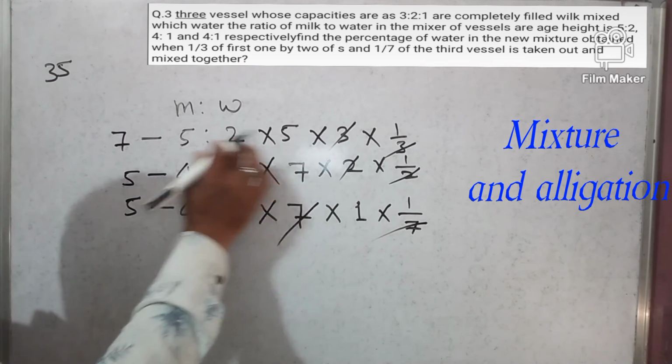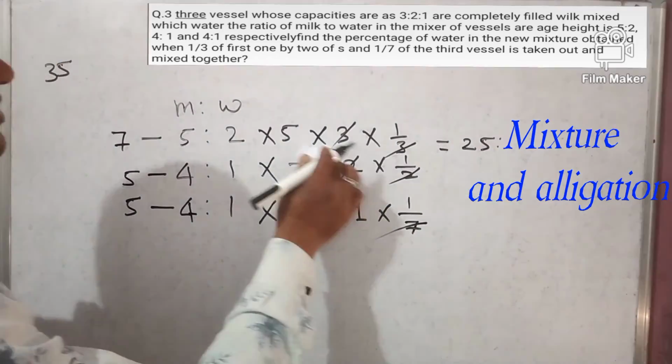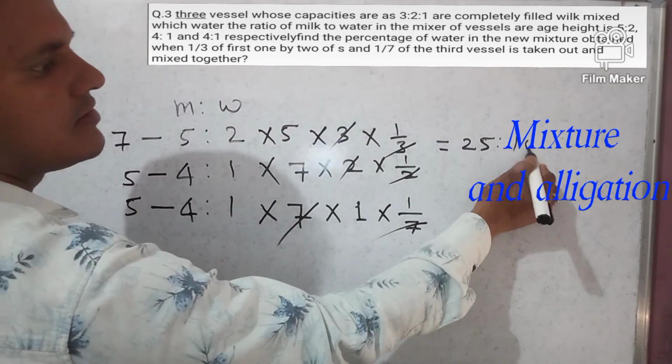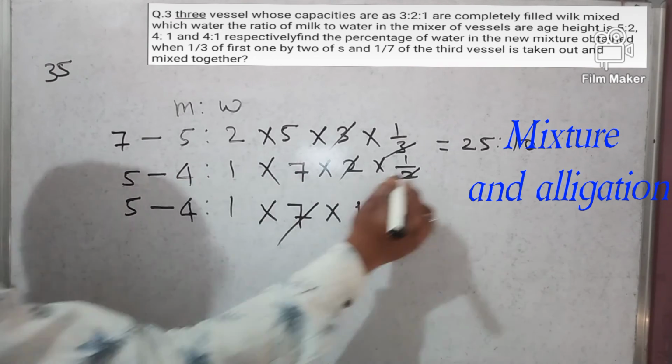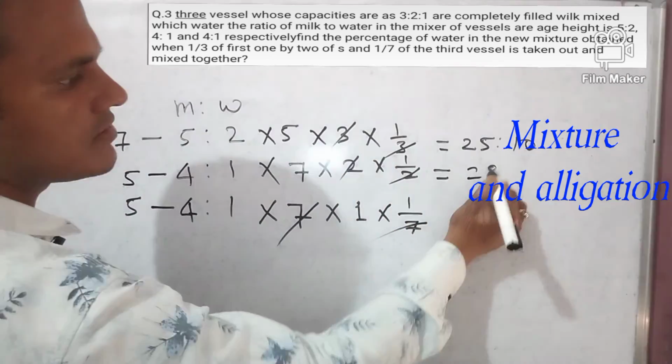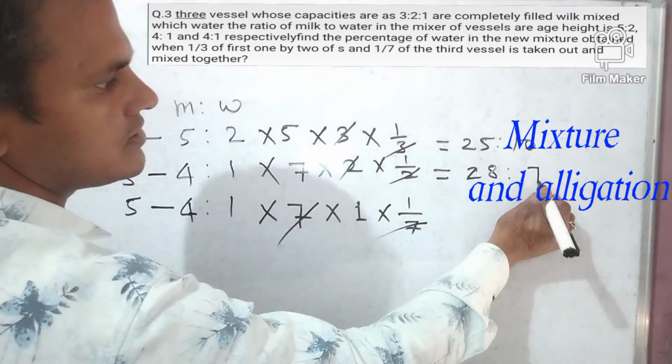Now 5 times 5 is 25, 5 times 2 is 10. In the second container, 7 times 4 is 28, 7 times 1 is 7.